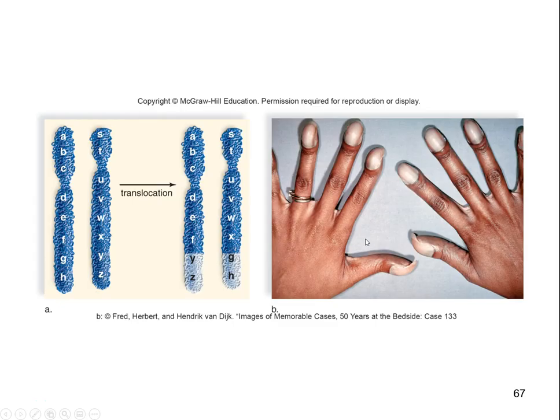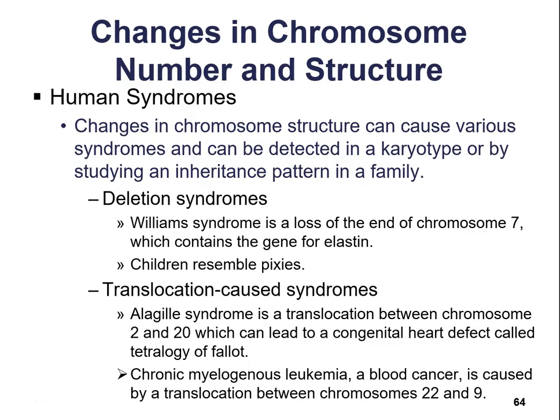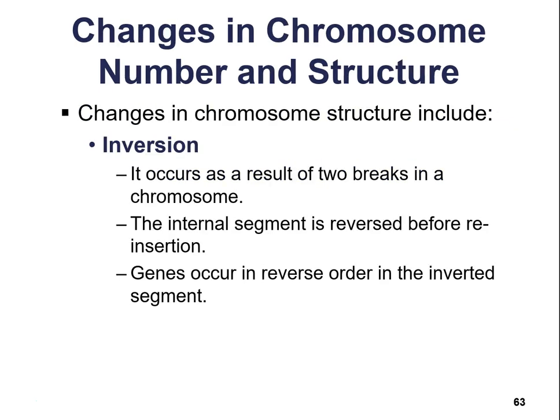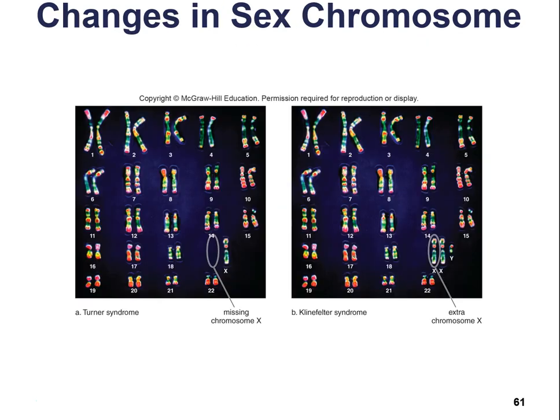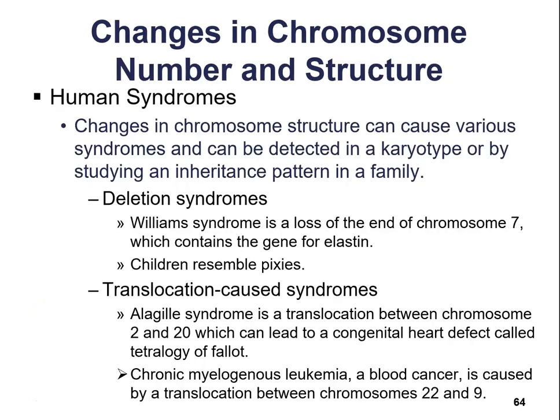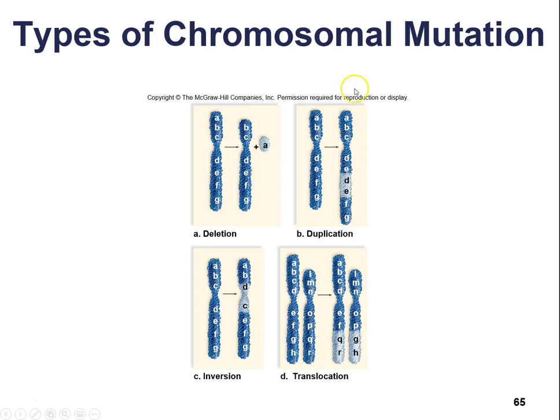Again, these were just meant to give you some examples. I may ask you to give me an example of a deletion syndrome or a translocation syndrome, but for us, we just want to make sure we understand the different types of changes in chromosomal structure that can occur. We only gave a couple of examples of syndromes caused by changes in chromosome structure. There are many others as well.